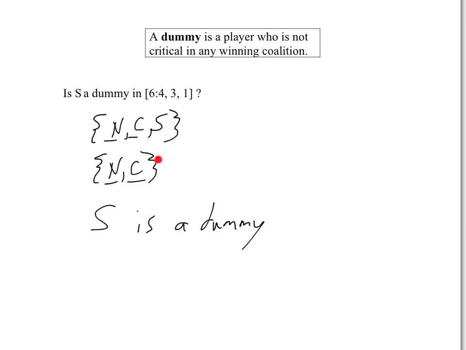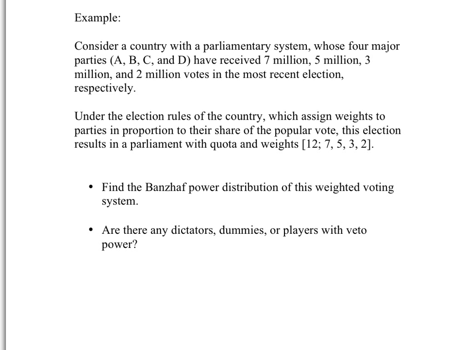We do have to get into the analysis of being critical or not someplace in order to determine dummy status or non-dummy status. Here is a slightly more involved and highly relevant example.